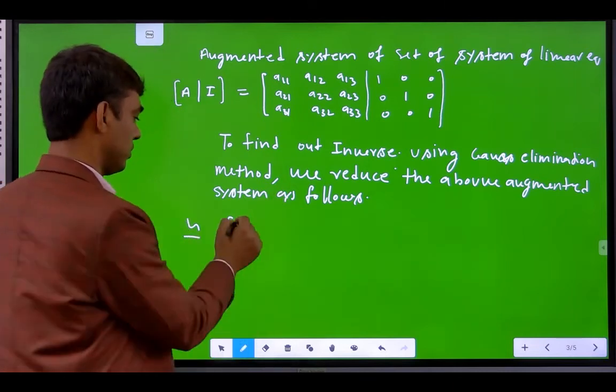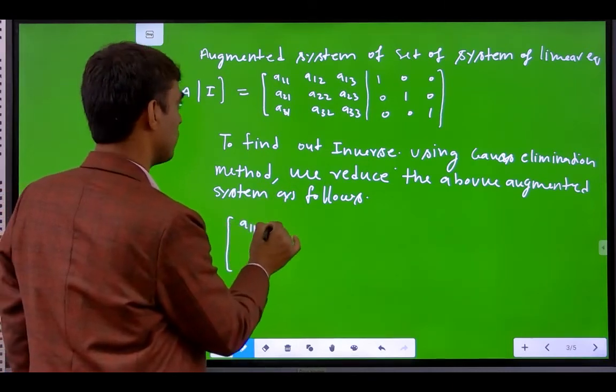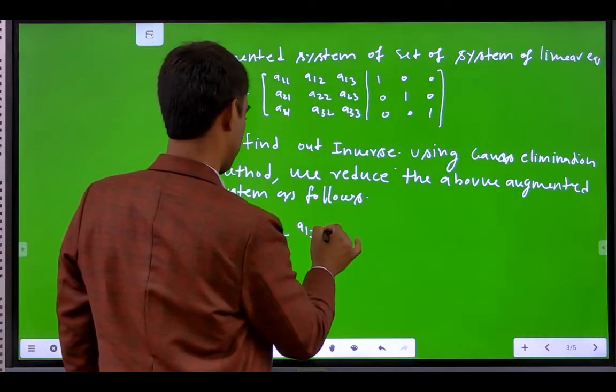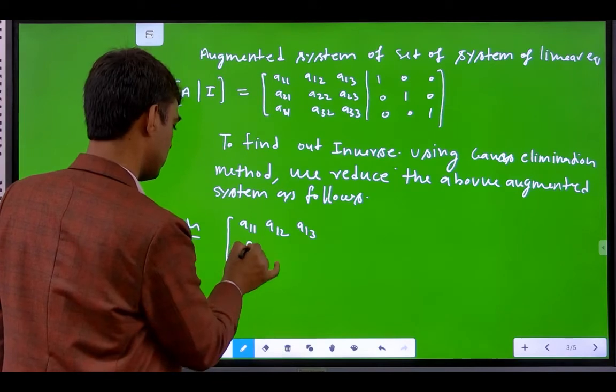There is no change in the first row, A11, A12, A13, and here we convert these to 0.